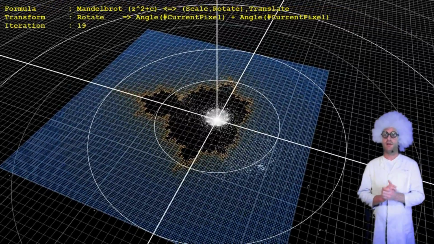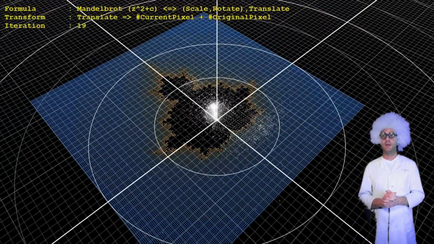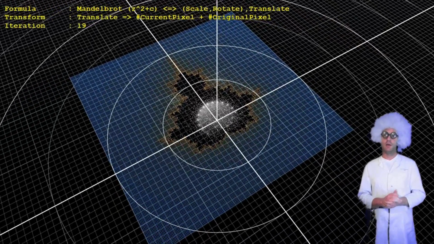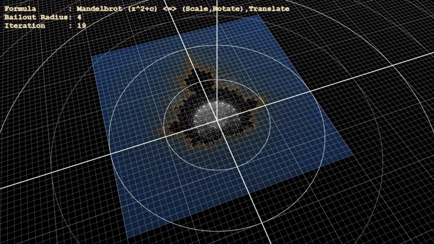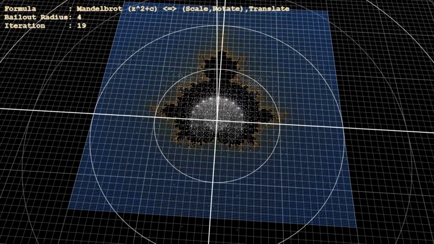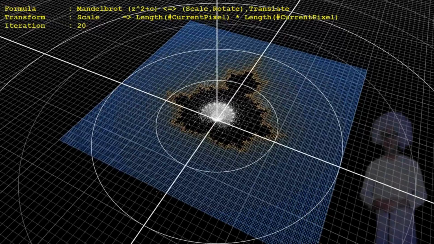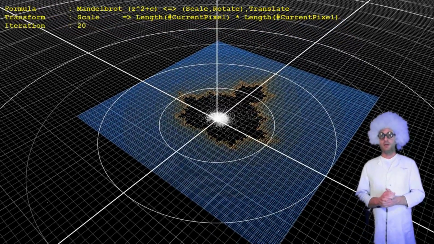Points on the negative x-axis become rotated by 180 degrees, because their polar angle is 180 degrees. The rotation.